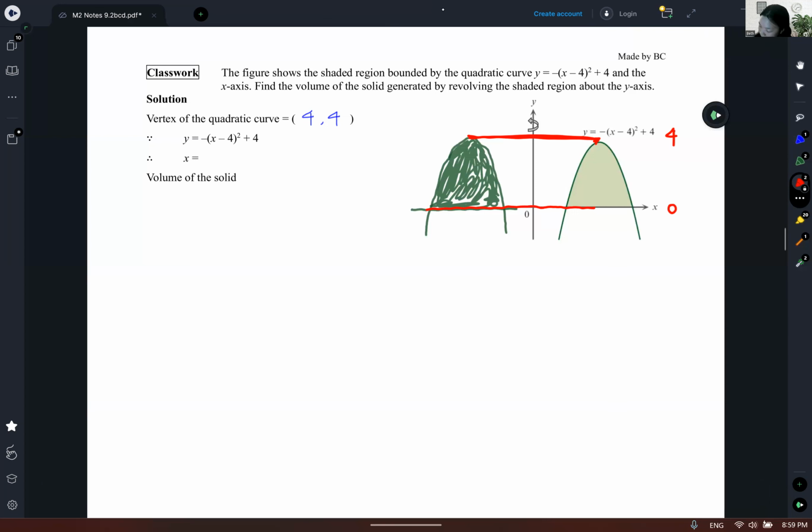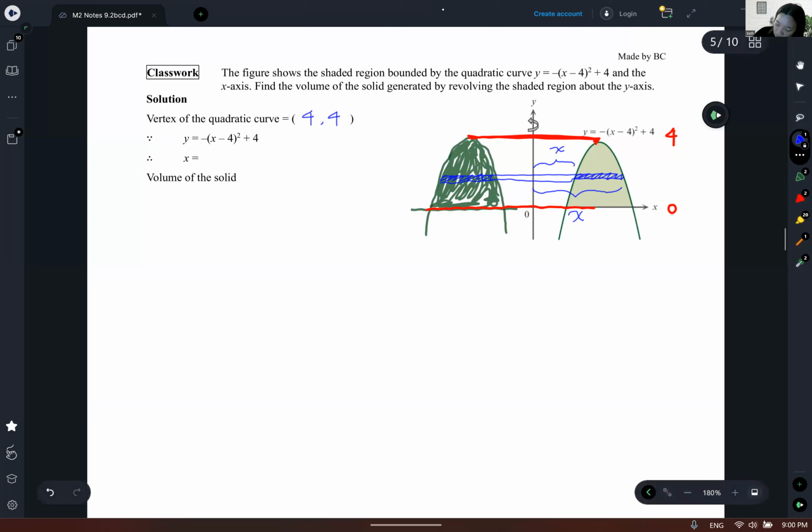Now each piece is hollow in this case. However, we have a smaller r, which is a smaller x, and a bigger x. Now both x's are from this quadratic function. We just need to find out.